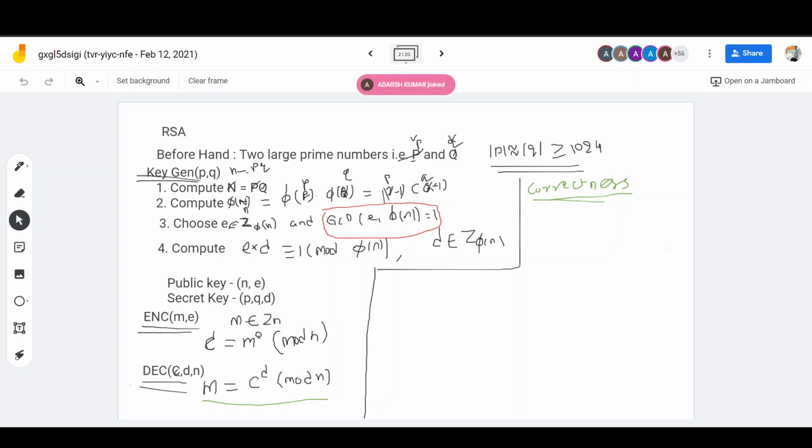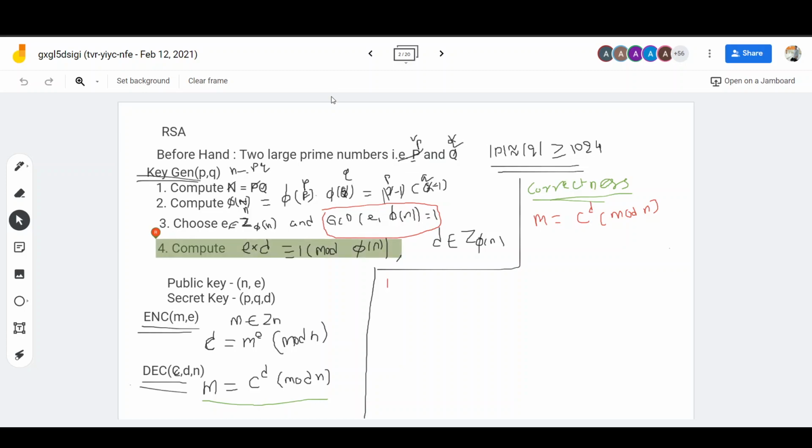This is m is equal to c to the power d mod n. Correct? So how will we check whether this is equal to this one? We start with one step. In this step, what do we need to write?